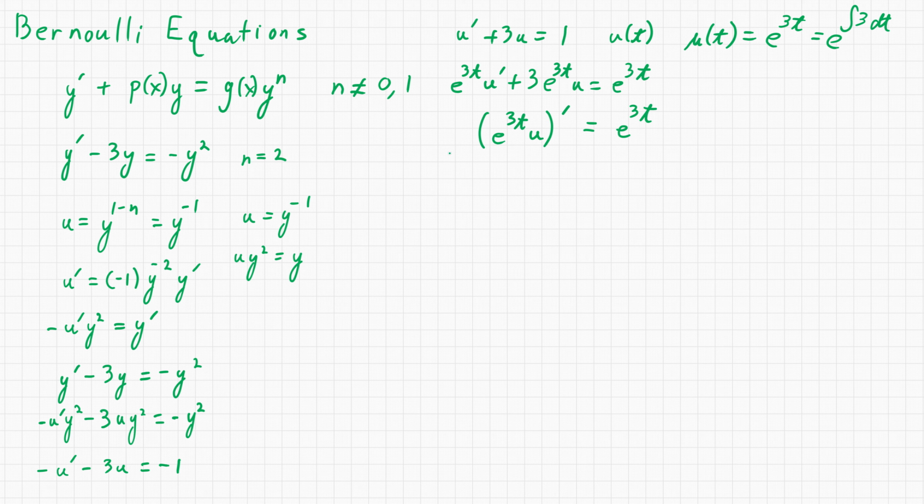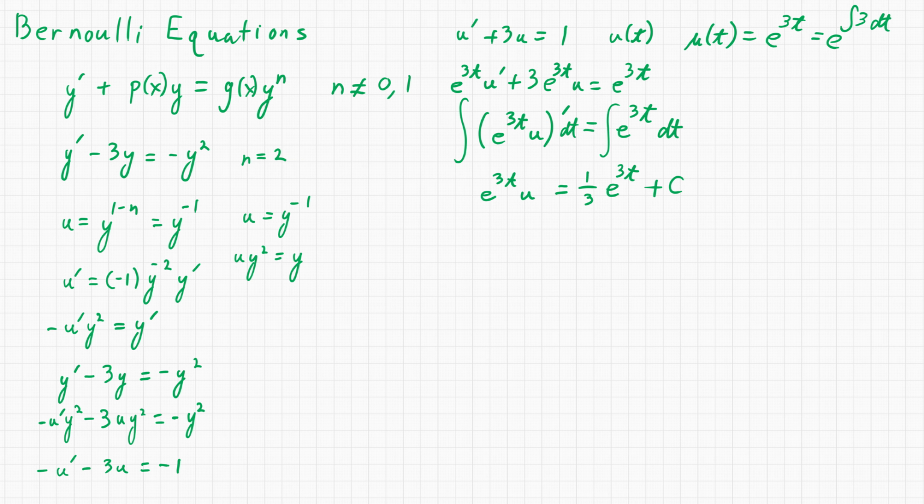Then we integrate both sides with respect to t. The integral and the derivative cancel out, and I get e to the 3t times u equals 1/3 e to the 3t plus a constant.